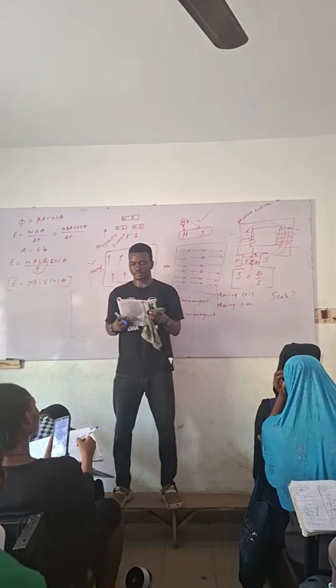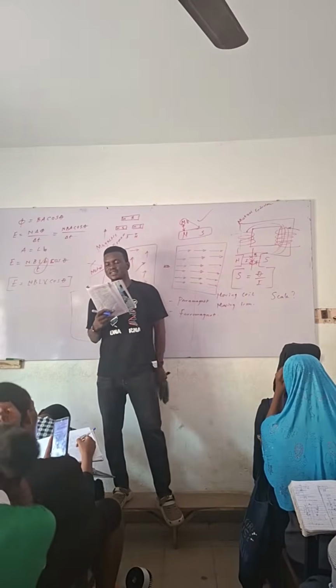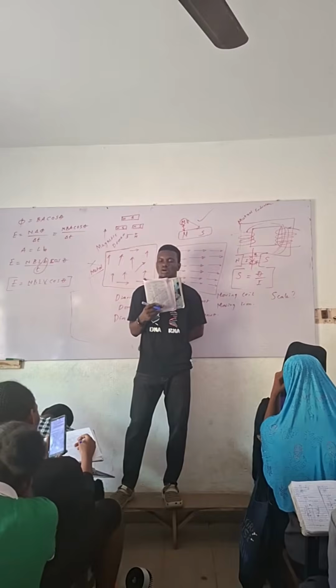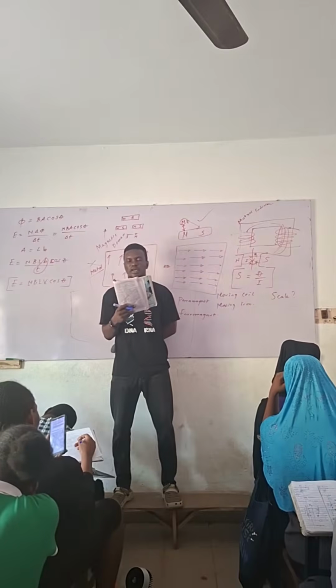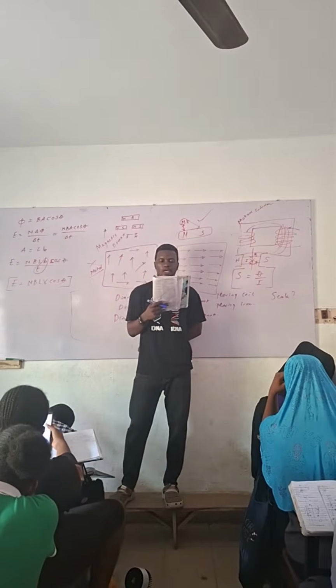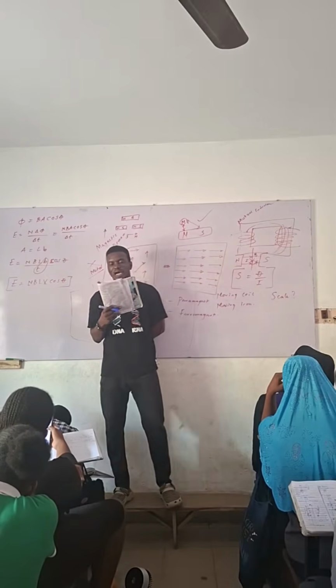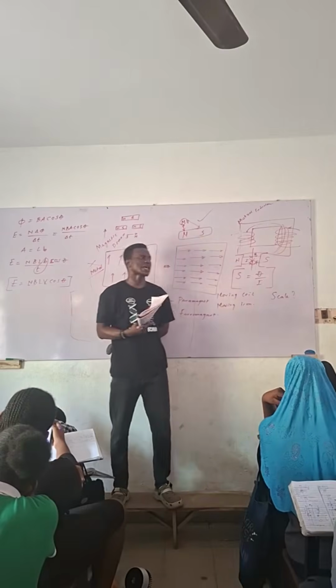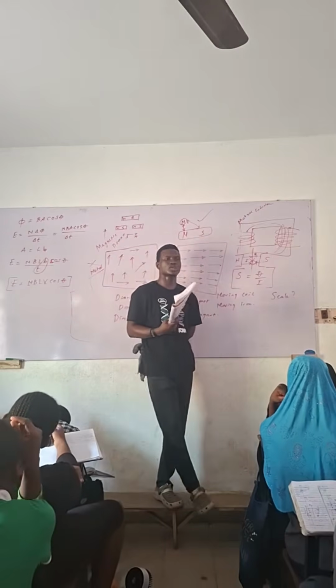Number 11. The best material for the core of the primary and secondary coils of an induction coil is what? Soft iron. Abi? Yes. You know, soft iron has what we call an electromagnet.